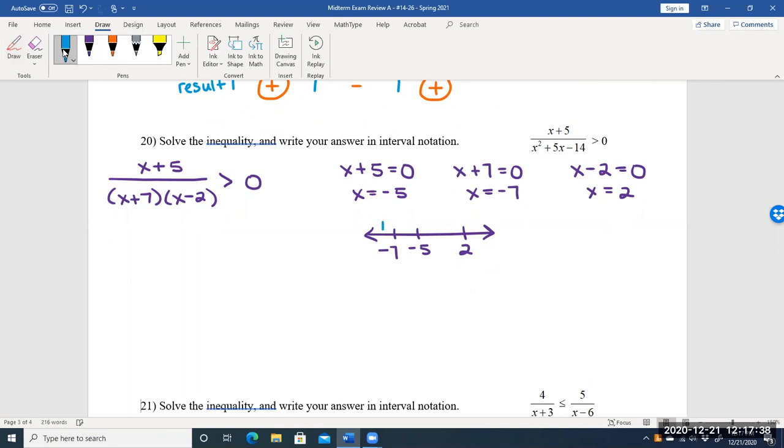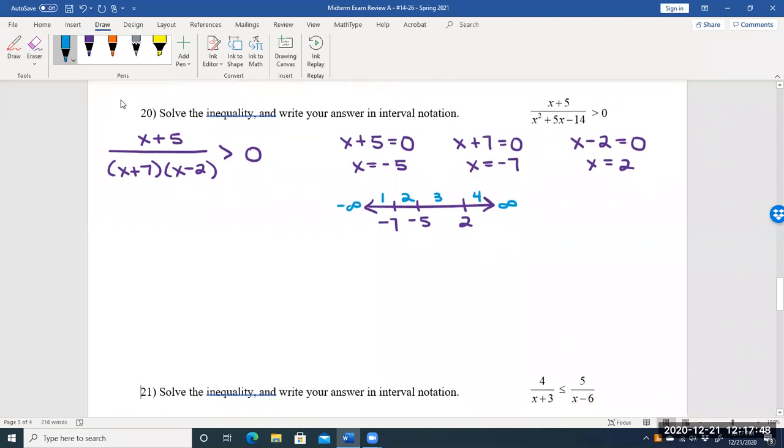Those numbers split our number line into 4 intervals. And so this is just going to be a bigger sign chart than what we had for number 19. But even though it's a bigger sign chart, the process is the same. So I'm going to leave that first column blank there.